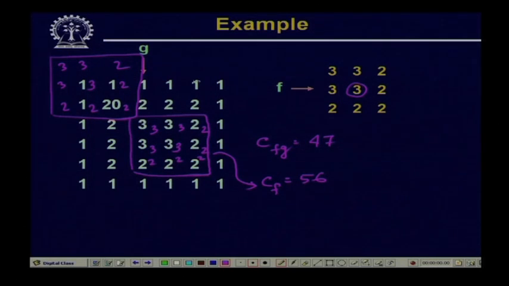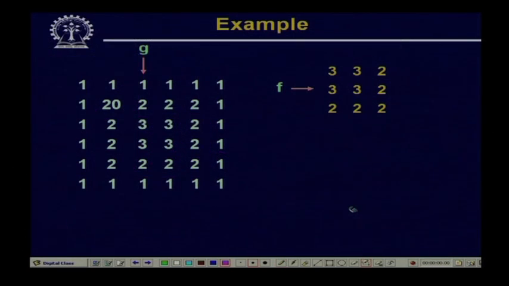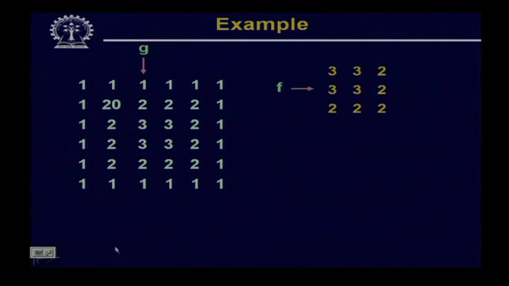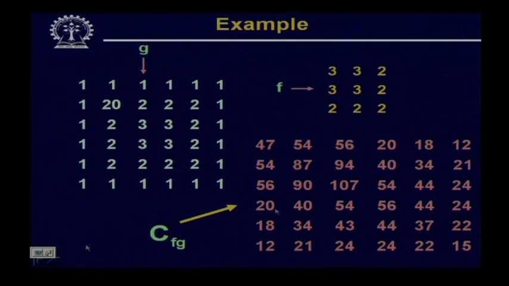So, like this, for all possible shifts within this particular image, I have to find out the cross correlation value. And if I complete this cross correlation computation, you will find that finally I get a cross correlation matrix which is like this. This gives the complete cross correlation matrix when this template is shifted to all possible locations in the given image, and the cross correlation value is computed for all such possible shifts.